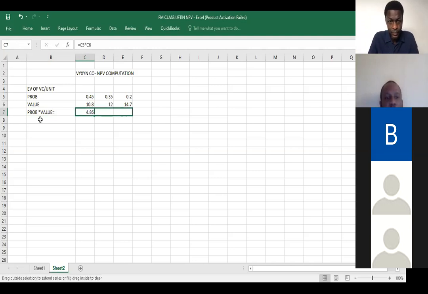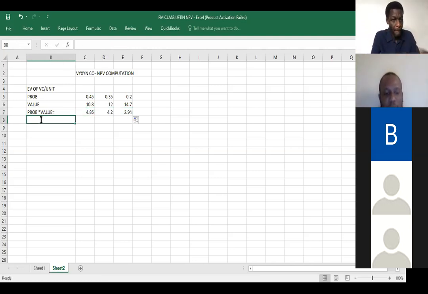So this implies now that our expected value will be equal to, then we can put it close. So I expect of them.